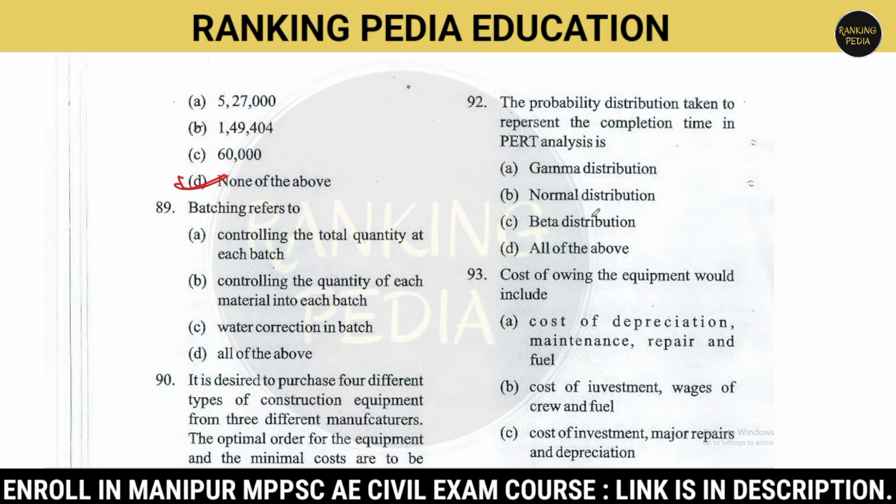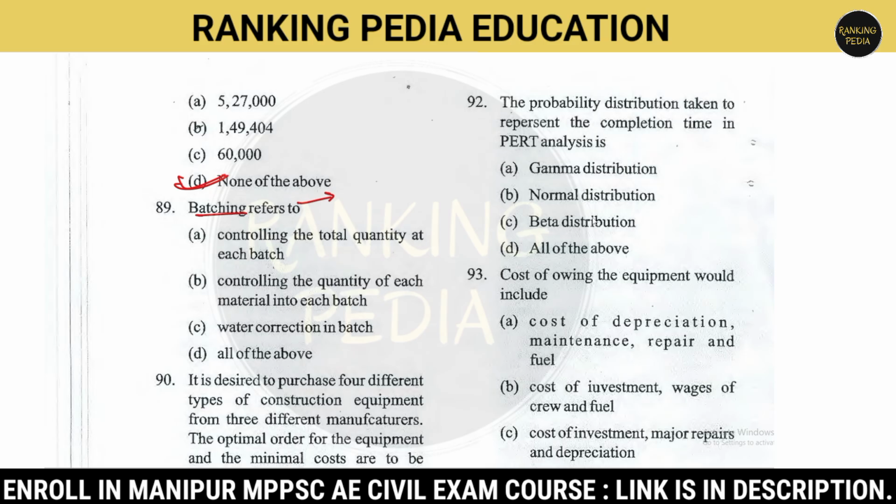Next is question number 89. Batching refers to: controlling the total quantity at each batch, controlling the quantity of each material into each batch, water correction batch, or all of the above. So what is actually batching?